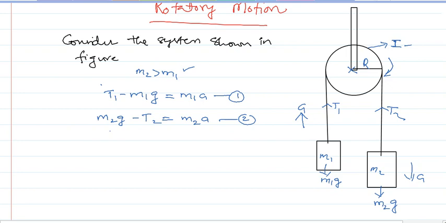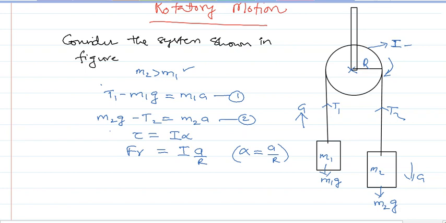And what about this pulley here? The pulley is rotating. For rotation, what is required here? The torque is required, and the torque formula is tau equal to I alpha, and tau equal to net force into perpendicular distance from the axis of rotation, and alpha equal to A by R, because the relation between alpha and A is like this here. So let us substitute the net force acting here.